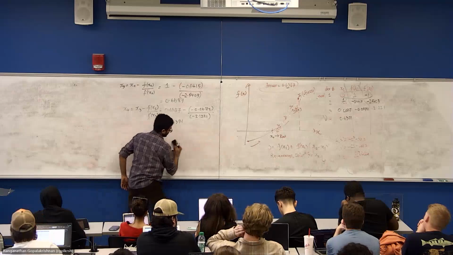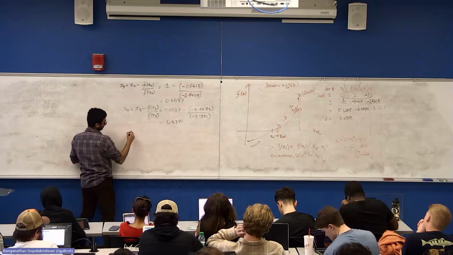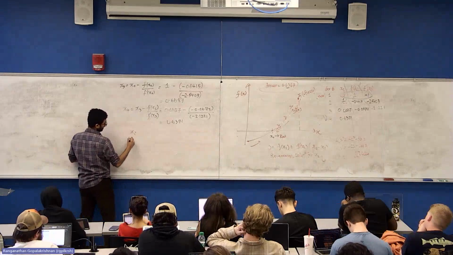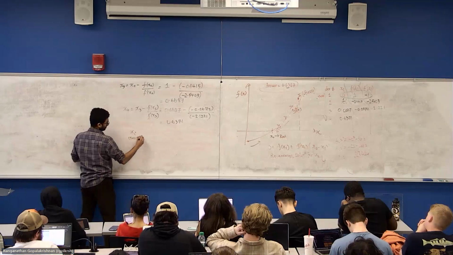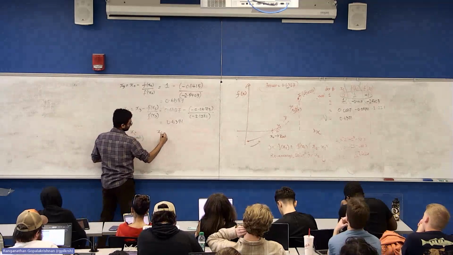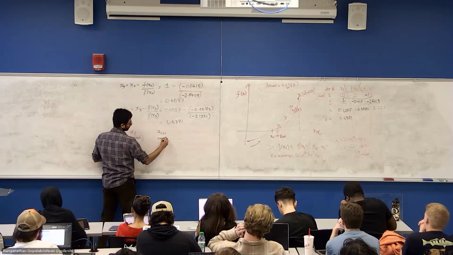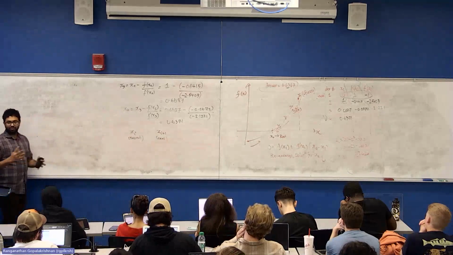Let's say in general you have xi being the current and xi plus 1 being the next. It could be 1 and 2, 2 and 3, 3 and 4, whatever.